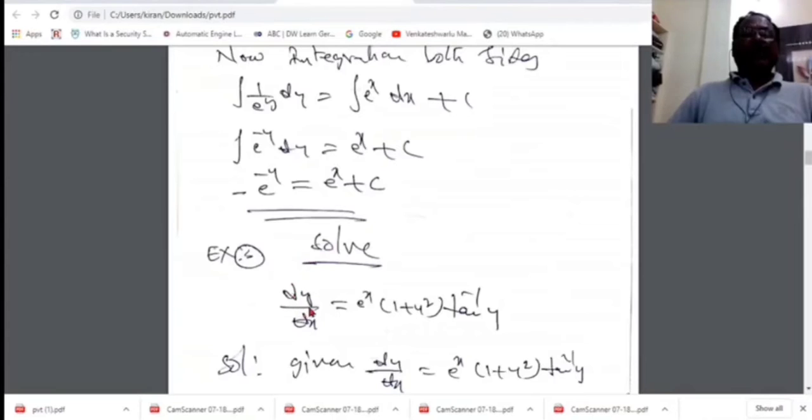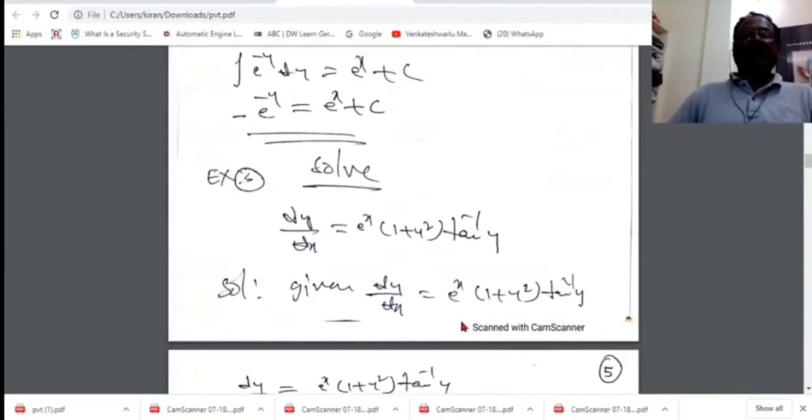Now one more example. Solve dy by dx is equal to e power x into (1 plus y square) of tan inverse y. Solution: given dy by dx is equal to e power x into (1 plus y square) of tan inverse of y.